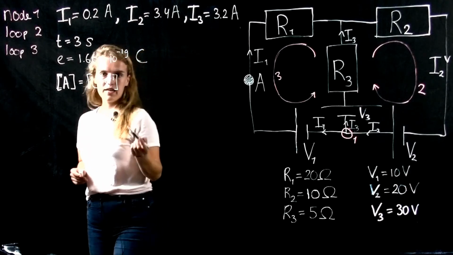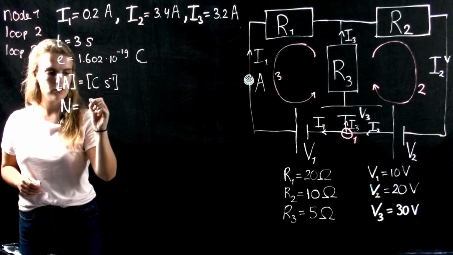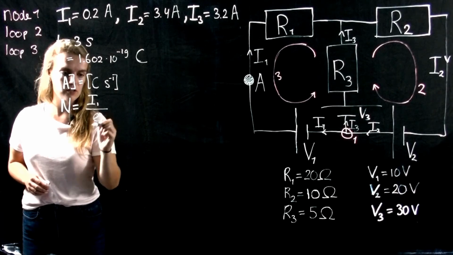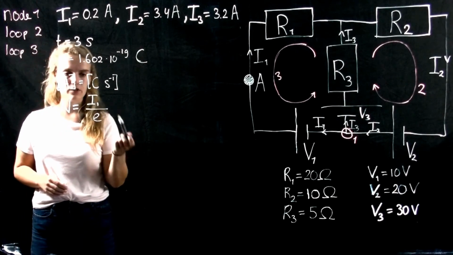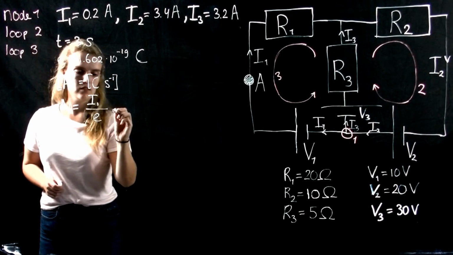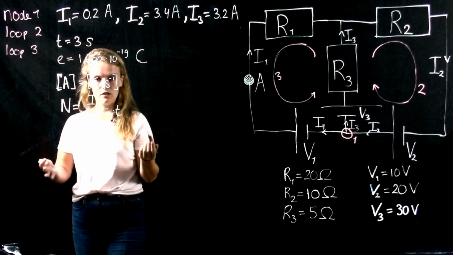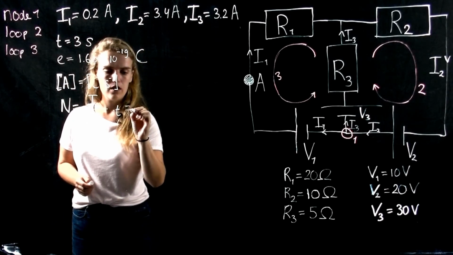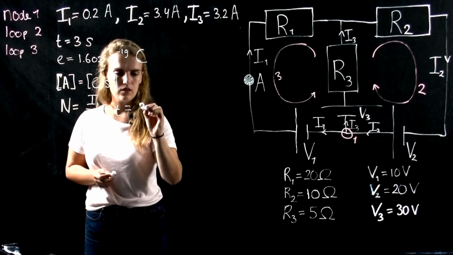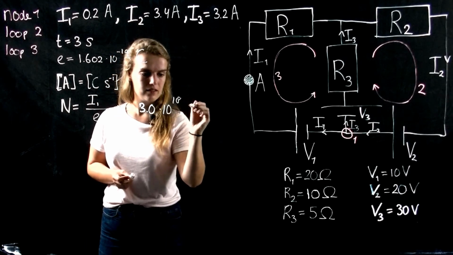And then at point A, we have the number of electrons N, which is equal to the current I1 divided by the electronic charge, so that we have the exact number of electrons, and then also times the time, such that we get a unitless amount, which is just a number. And this is equal to 3.0 times 10 to the 18th electrons.